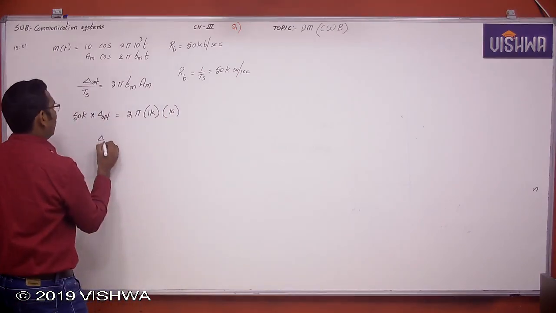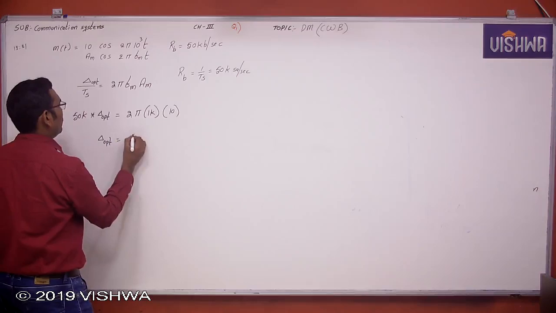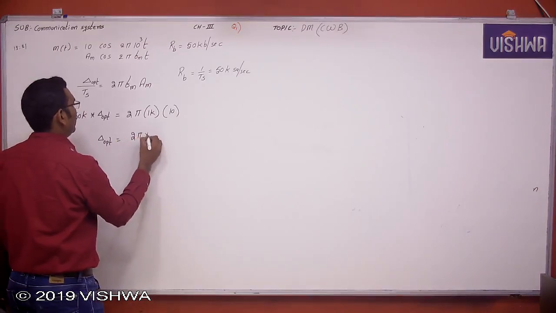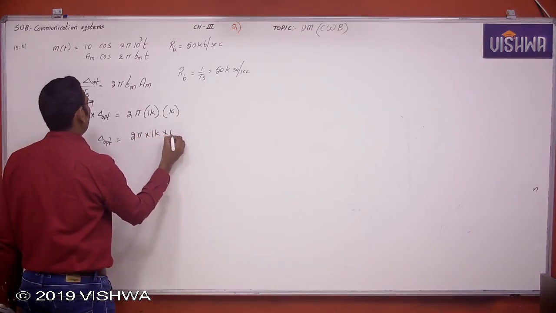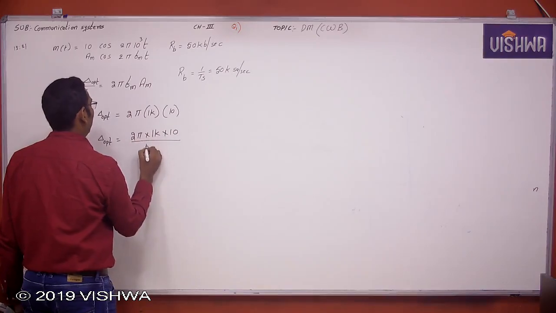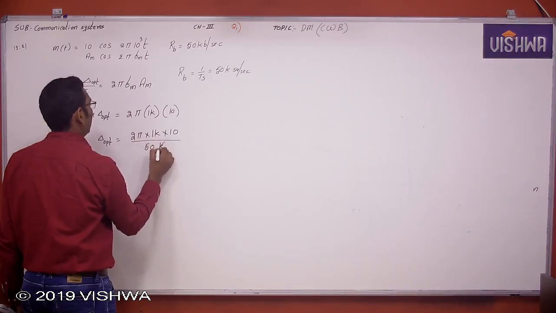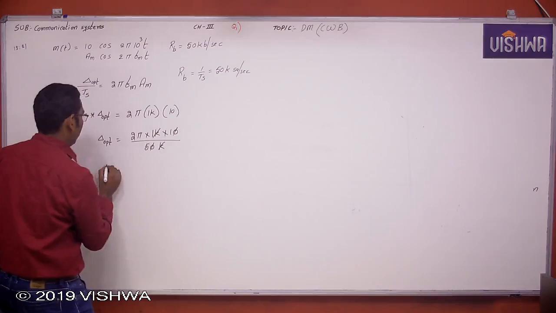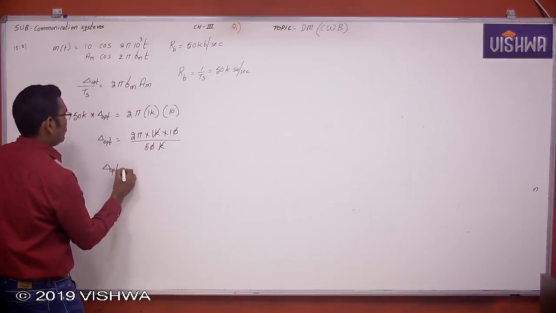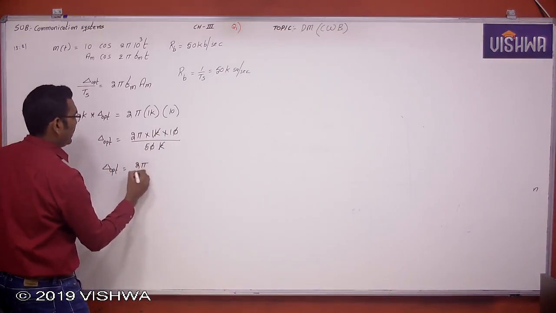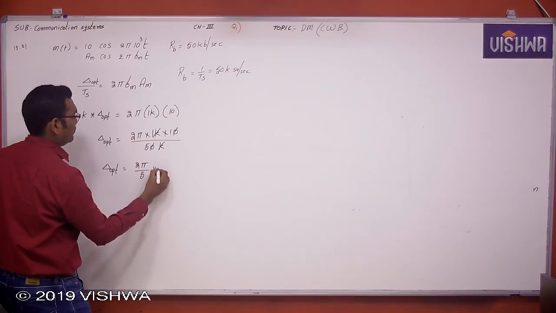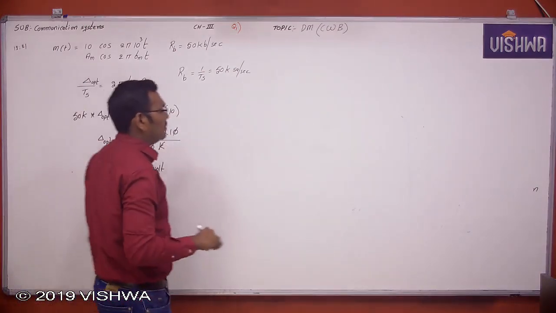Therefore the optimum step size is 2 pi into 1k into 10 by 50k, which gives 2 pi by 5 volts. This is question number 1.